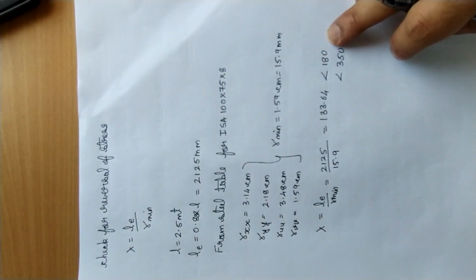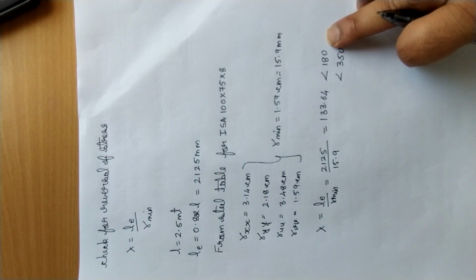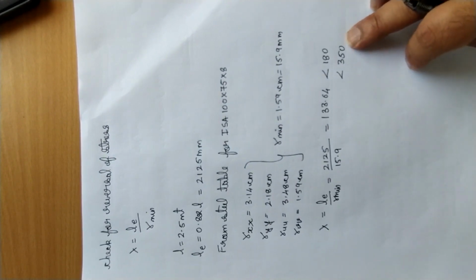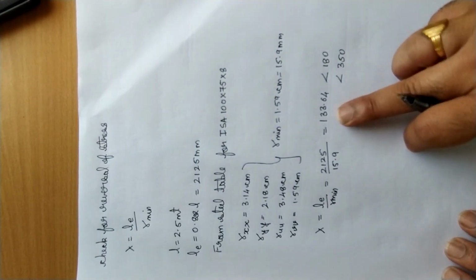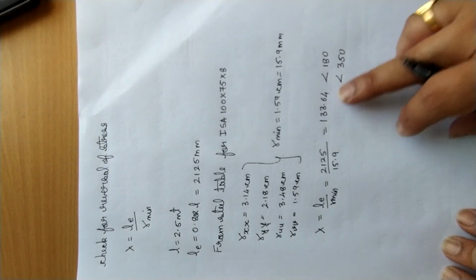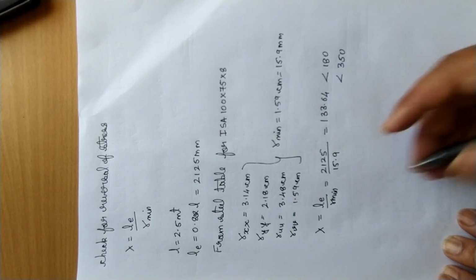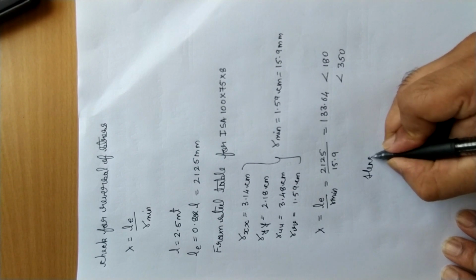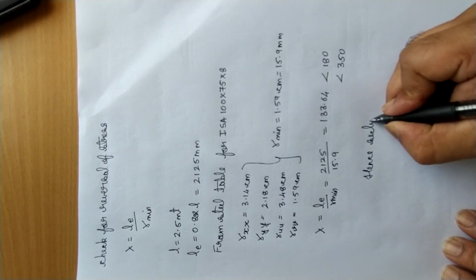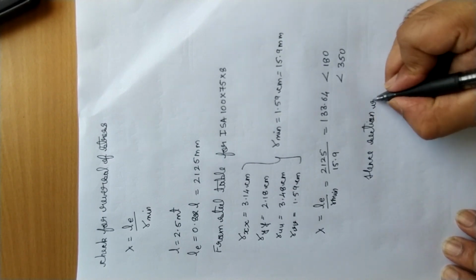So less than 180 is for the loads other than wind and earthquake, and this is for the loads wind and earthquake. So the value of lambda is 133.65, which is less than 180 and 350. Hence section is safe in the reversal of stresses.